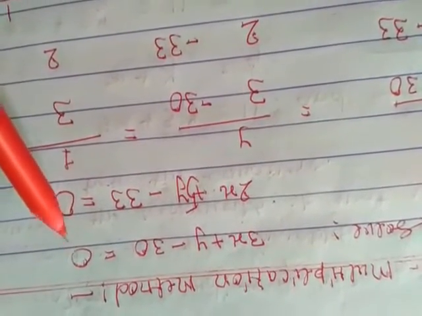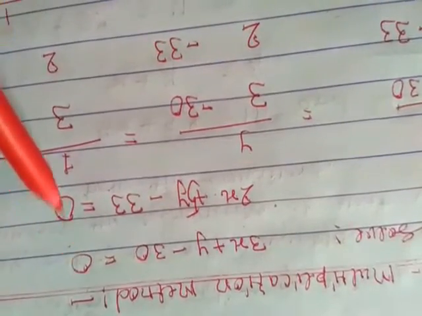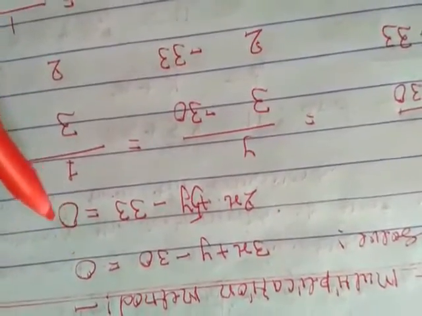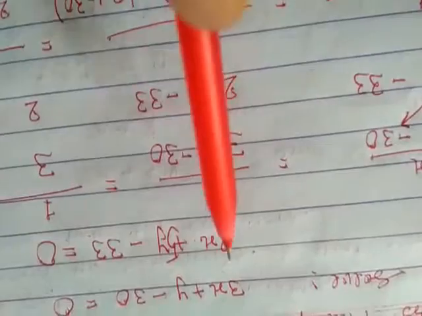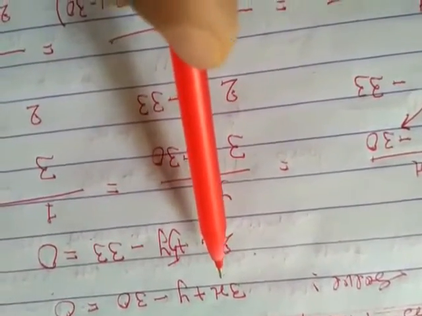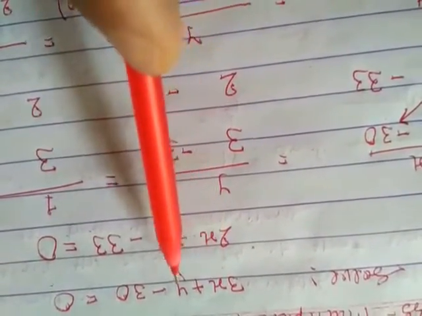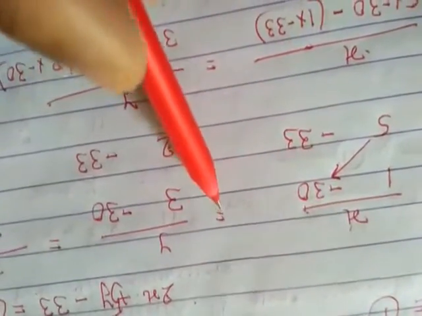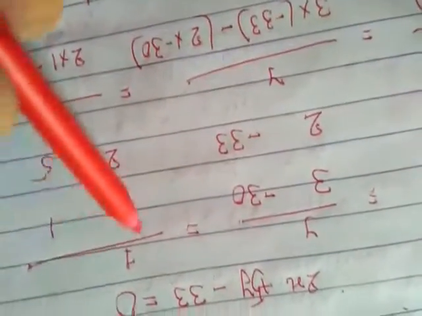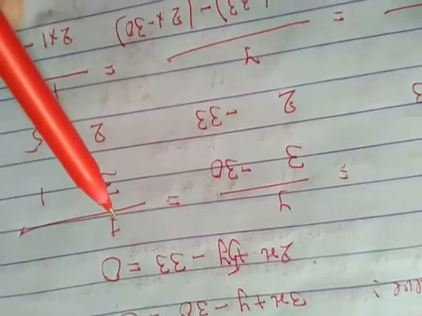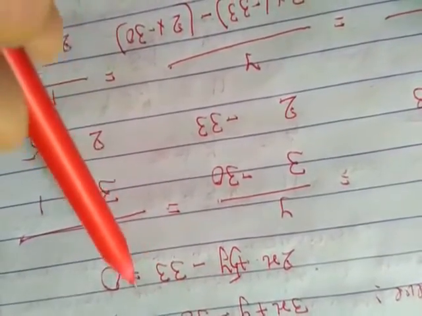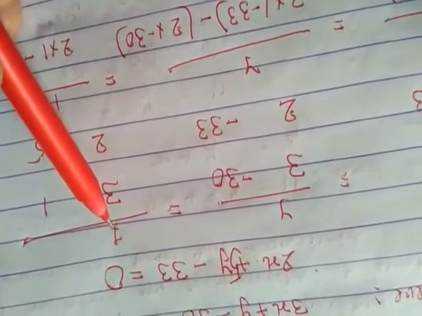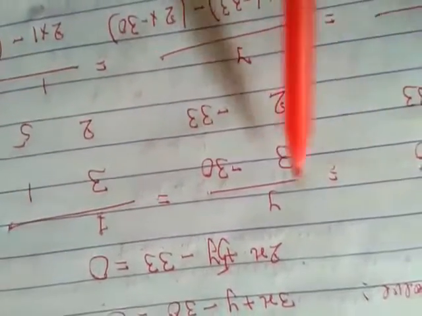So first you take the variables. The variables here are x and y. So write in this form: x by, equals to y by, equals to 1 by. The 1 is for the constant term, and for every constant there is 1 only. Here the variables may change if in the question there are variables p, q, r, s.